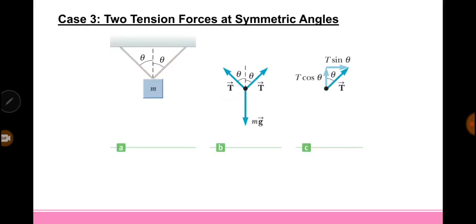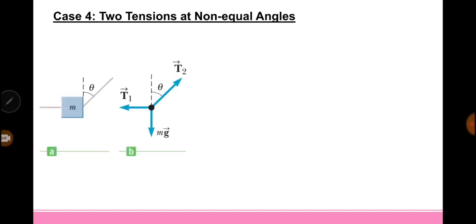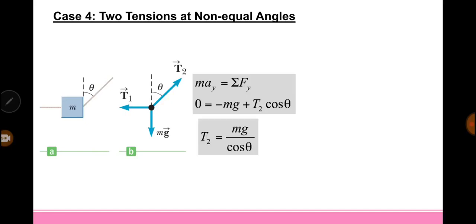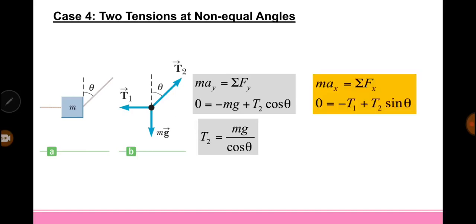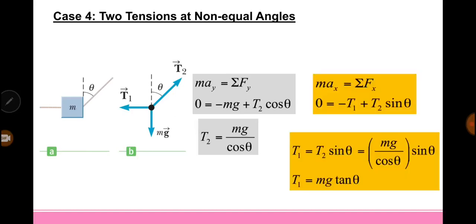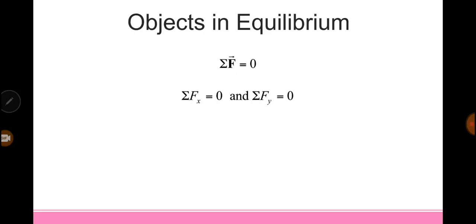This is a third case about two tension forces at symmetric angles. And the last case is about two tensions at non-equal angles. So make sure you know how to calculate and break down the vector X and Y components.